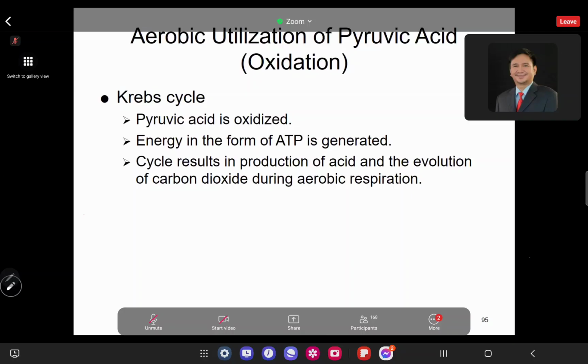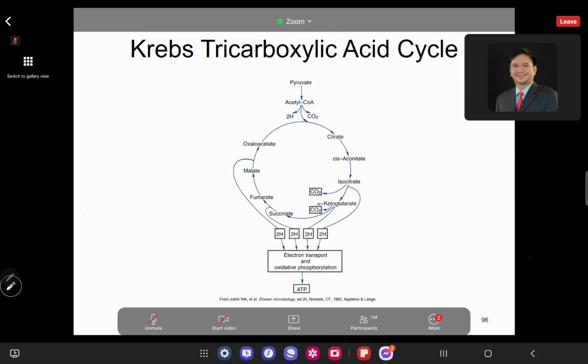It's a target also for antibiotics or metabolic inhibitors to disrupt energy production in pathogens. And your Krebs cycle helps differentiate between aerobic and anaerobic bacteria in clinical diagnostics. So this is your Krebs tricarboxylic acid cycle, your TCA cycle.